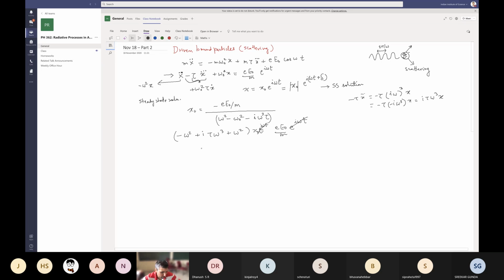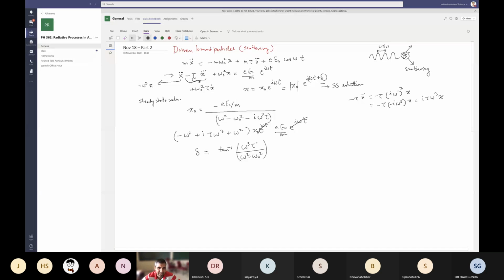Okay, and what about this phase? This delta is equal to tan inverse. This is the phase of my x relative to the electric field that it's being exposed to. This is equal to omega cube tau divided by omega naught squared minus omega squared.